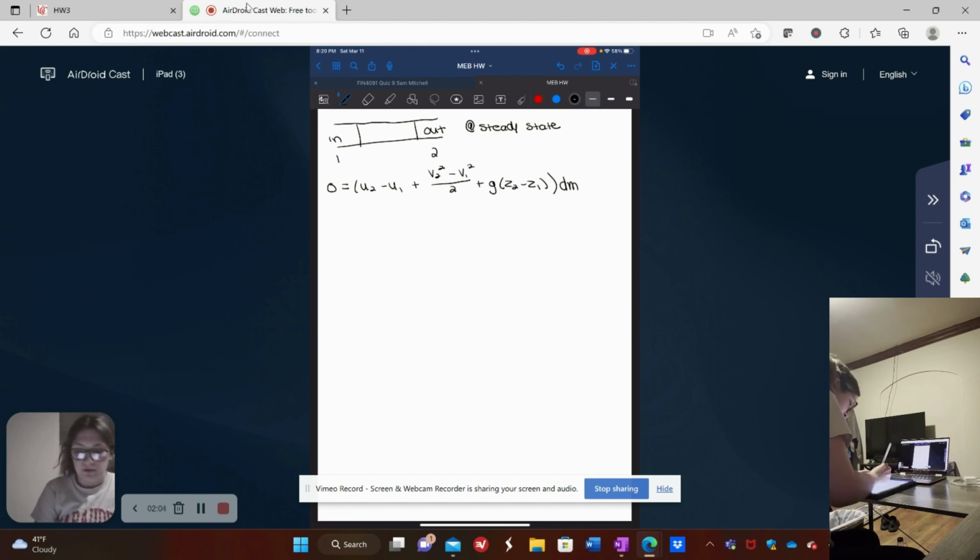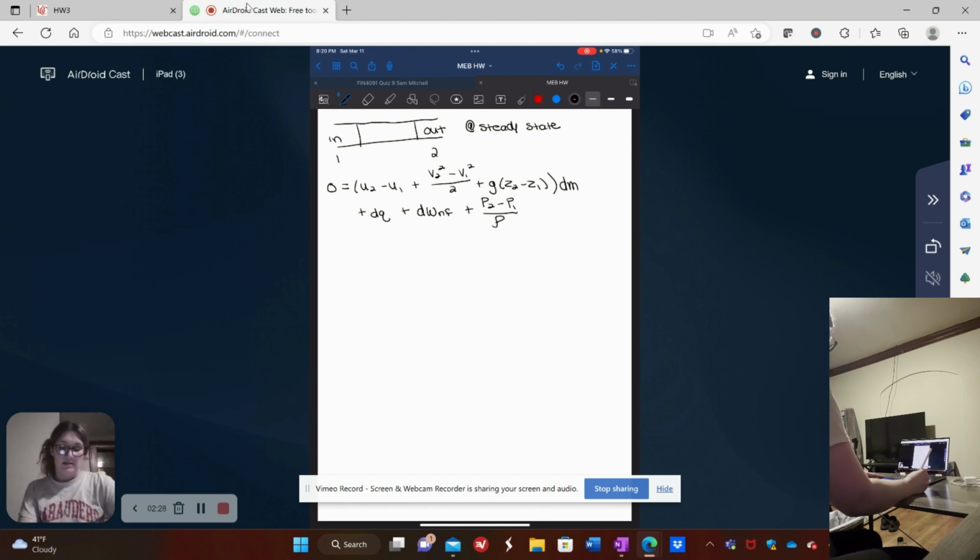And then, of course, we still need to add in our heat. We need to add in our differential work, that's non-flow, as well as our flow energy, our flow work. So we can write that as P2 minus P1 over some common density.